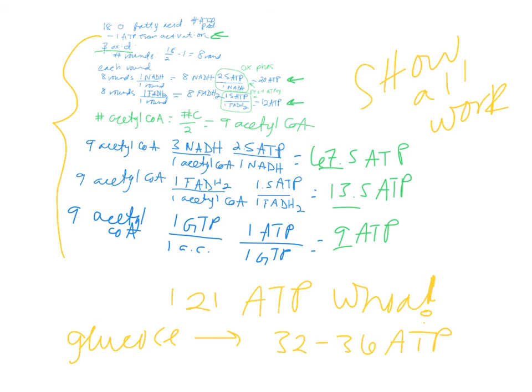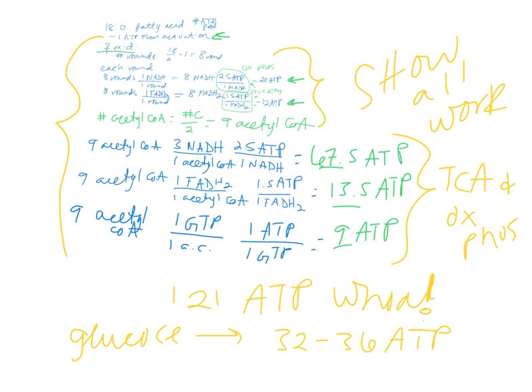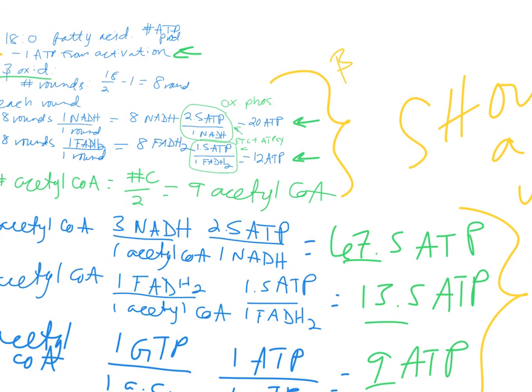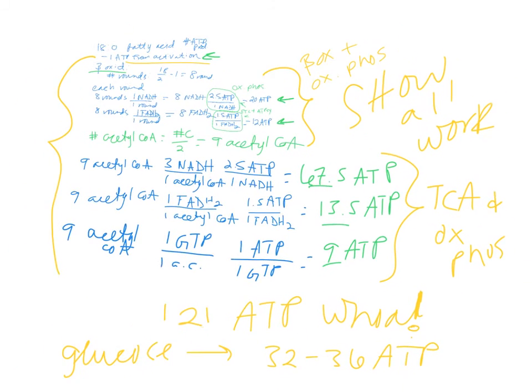Please, please, please don't skip any steps. You can even label, this is coming from the TCA cycle and oxidative phosphorylation. This is beta-oxidation and oxidative phosphorylation. And then again, don't forget, you lose an ATP for activation.